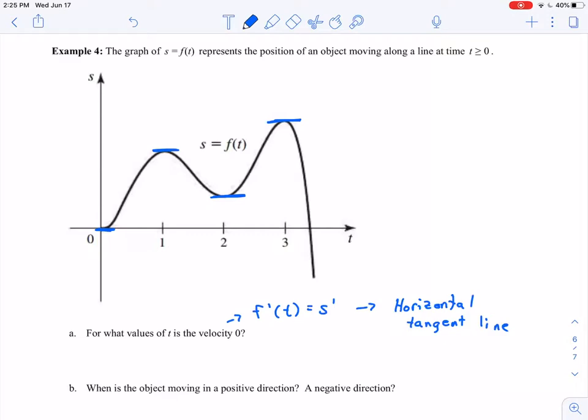So that's awfully convenient, isn't it? So at what values of t is the velocity 0? At t equals 0, 1, 2, and 3. Okay, that answers that question. We were just looking for where we have those horizontal tangent lines.